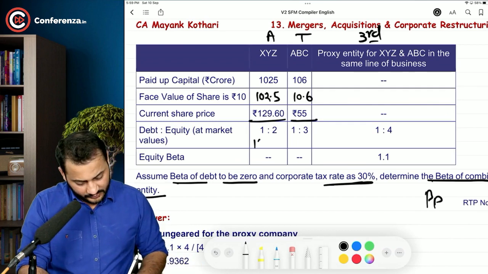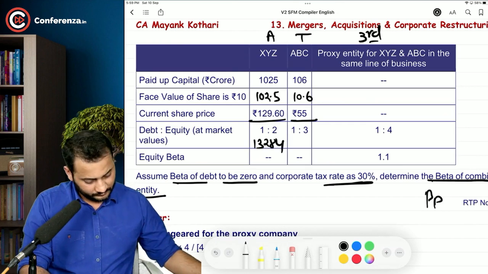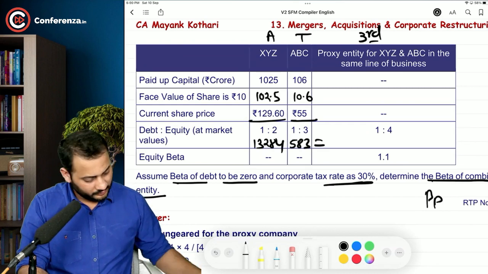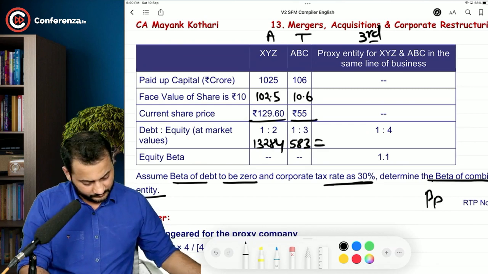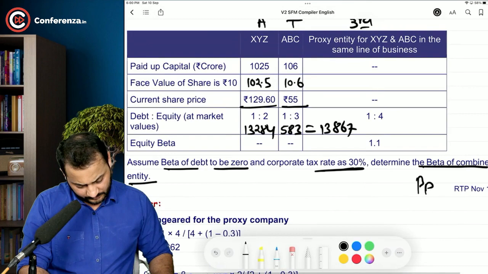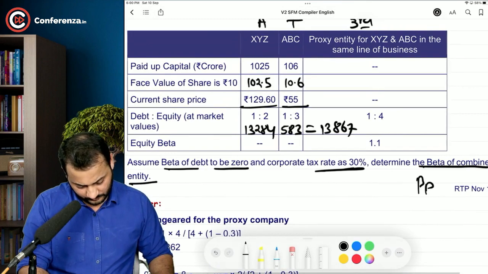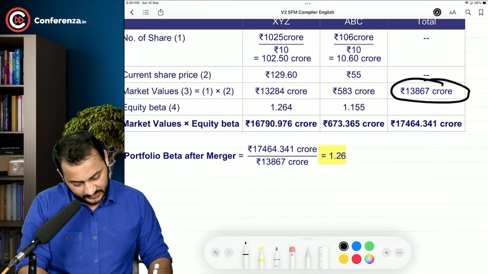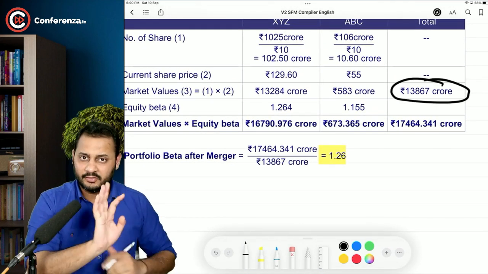the market value is 13,284,583, and the total market value is, let me just check the market value, 13,867. 13,867 is the total market value, right?